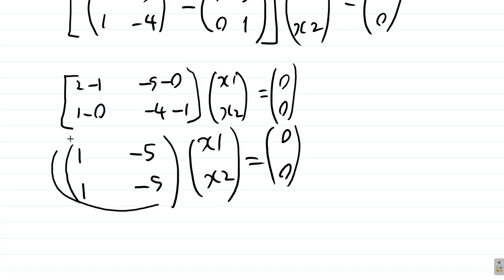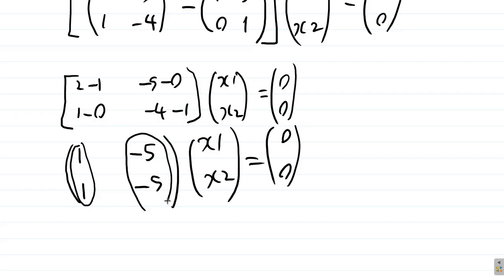Now let's look at this matrix here. You must either have the columns having the same thing, column 1 having the same numbers, column 2 having the same numbers, or the same row.